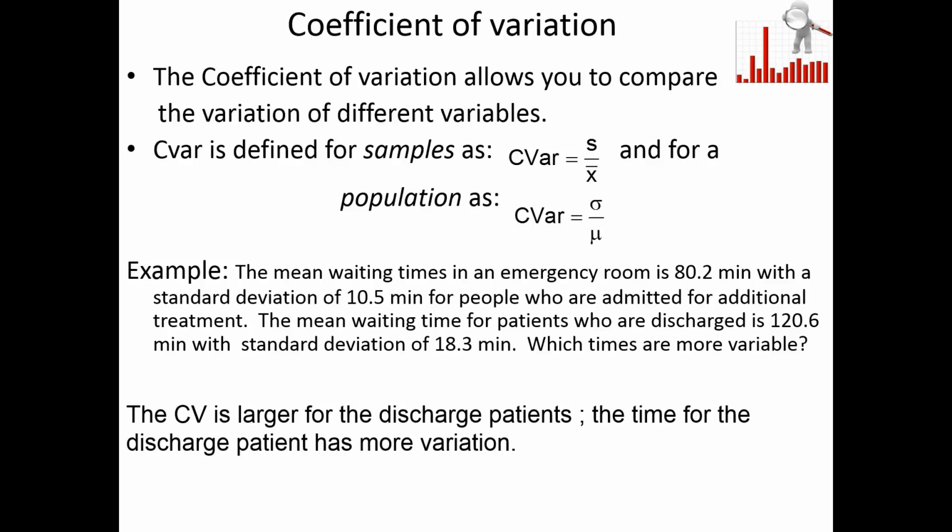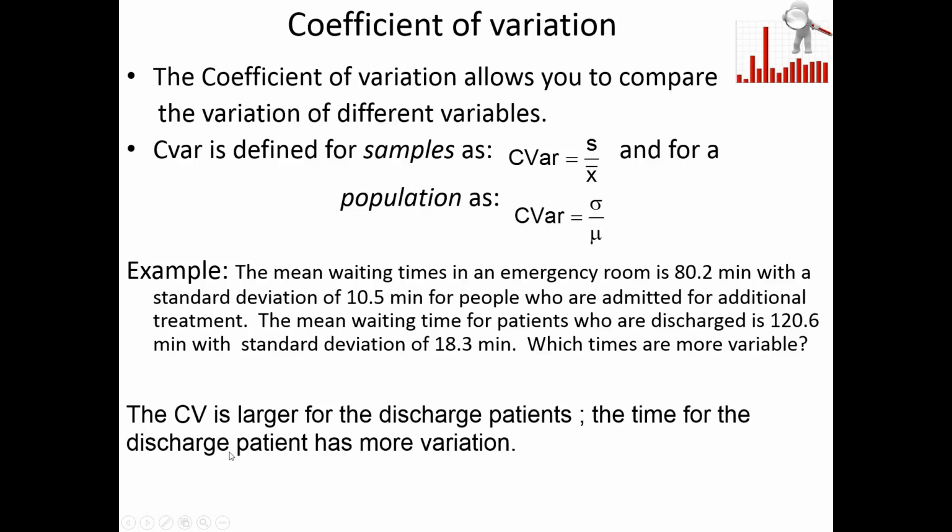Hopefully you've never been in an emergency room, but if you have, you know that they triage, and people who are considered in more urgent need of care are seen first, right? So people who need additional treatment, I suppose, are those in need of more urgent care. So they have a smaller mean and standard deviation. So which are more variable?